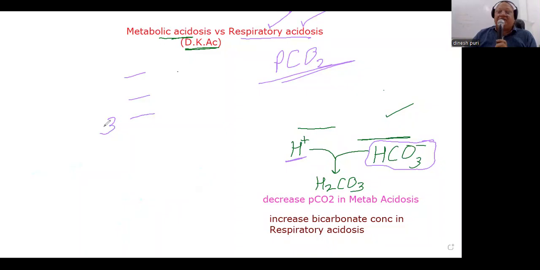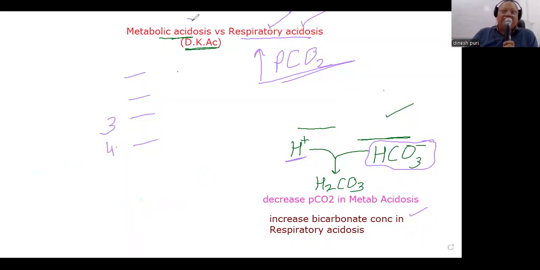Number 3, muscular weakness, for example, in poliomyelitis, tetanus, where the thoracic muscles become weak. Or fourth cause, the thoracic cage may become weak, for example, in scoliosis, flail chest, etc. So all these will lead to increase in the PCO2. And as we said, increase in the bicarbonate concentration is the compensation. We will talk about it in some other lecture.